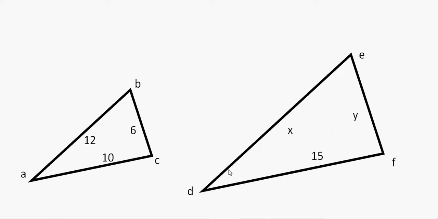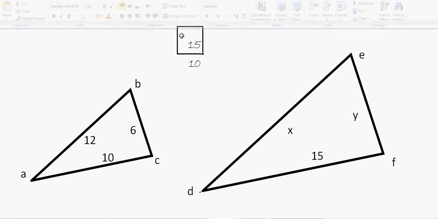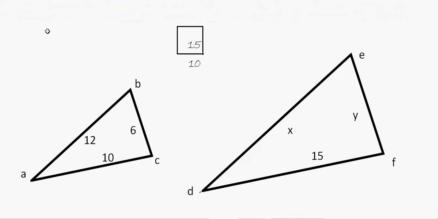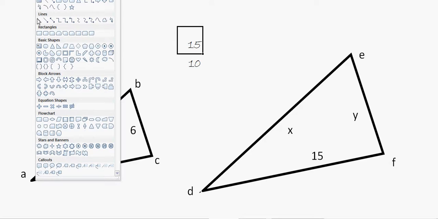So these are corresponding sides, and I can tell that side DF is 1.5 bigger than side AC, because 15 is 1.5 times bigger than 10.